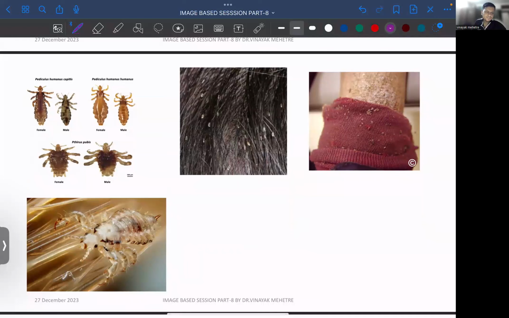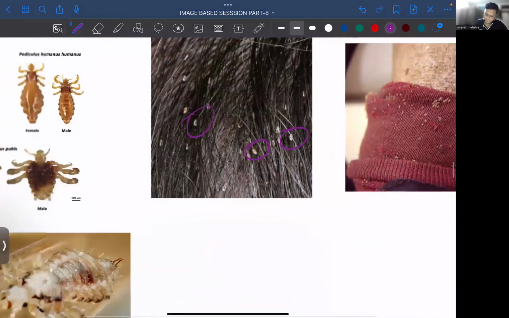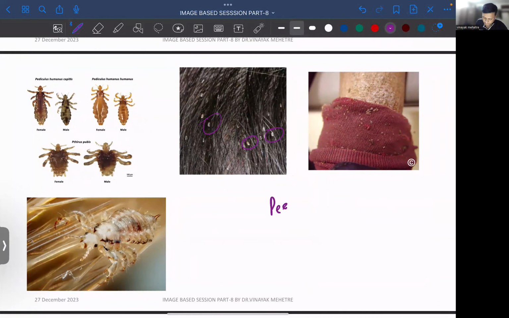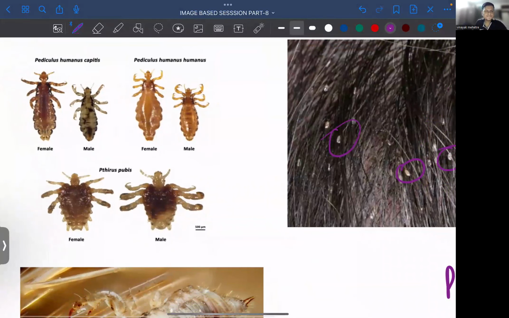बचपन में सबको हुआ, right? Itching in the head and trying to catch this. This is called as pediculosis. How to identify the pediculosis mite? 6 legs.